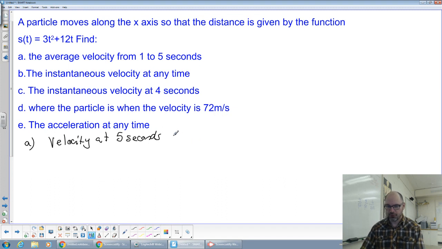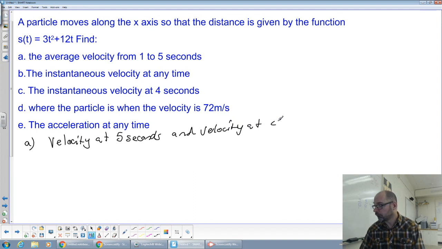Okay. And the velocity at 1 second. Okay, so that's the first thing we have to do.